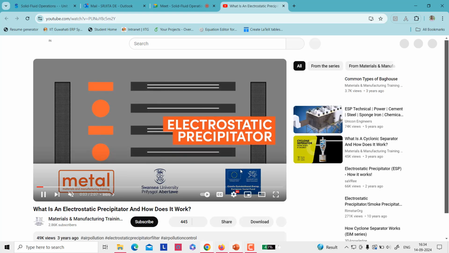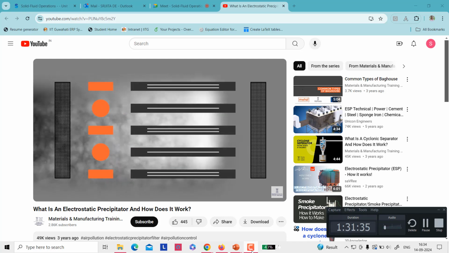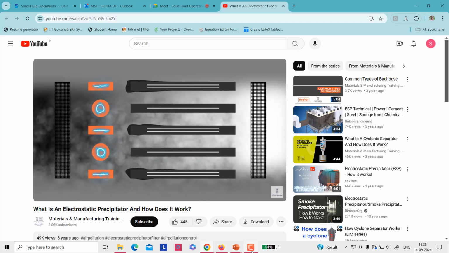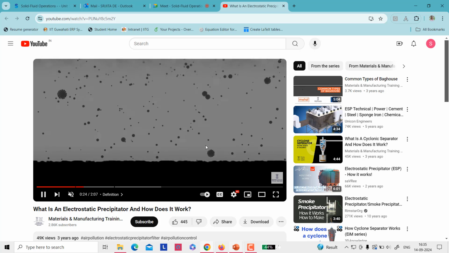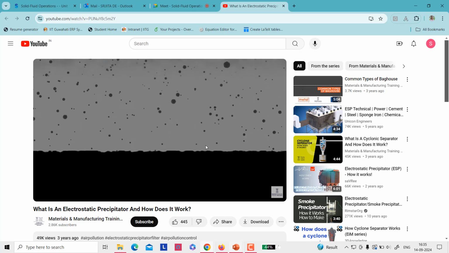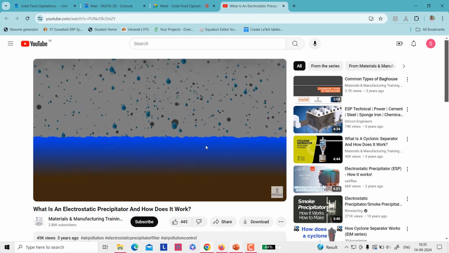Here you can see more clearly how a gas laden with dust particles is coming, and they are separated in this middle portion, and these particles are settling down because of the electrostatic force, and the clean gas is separated.